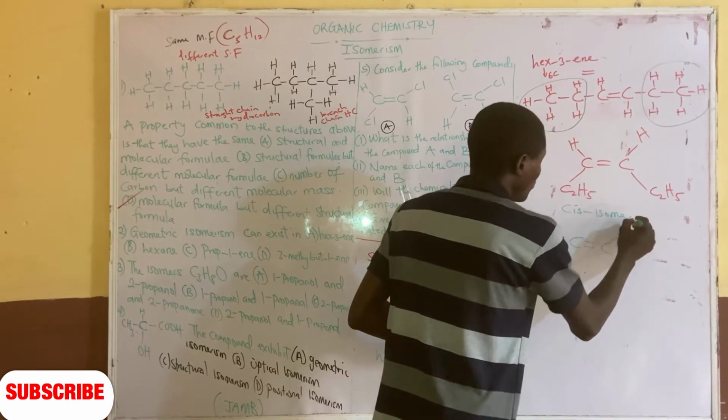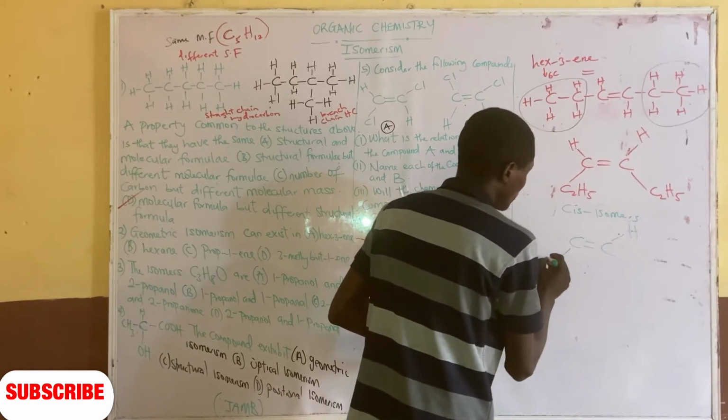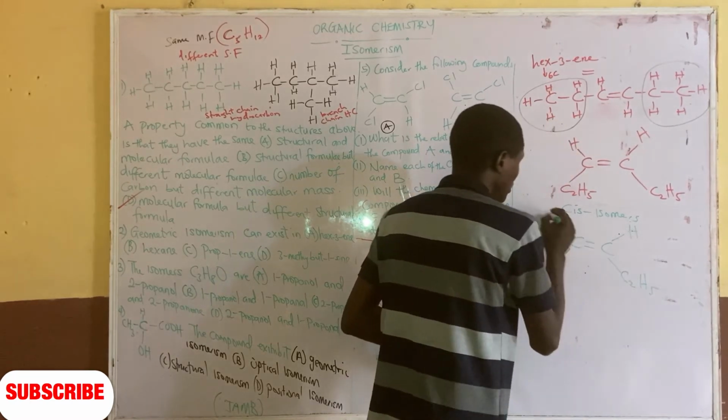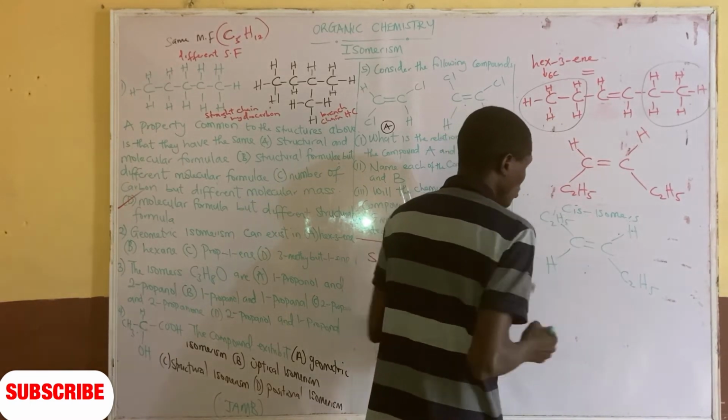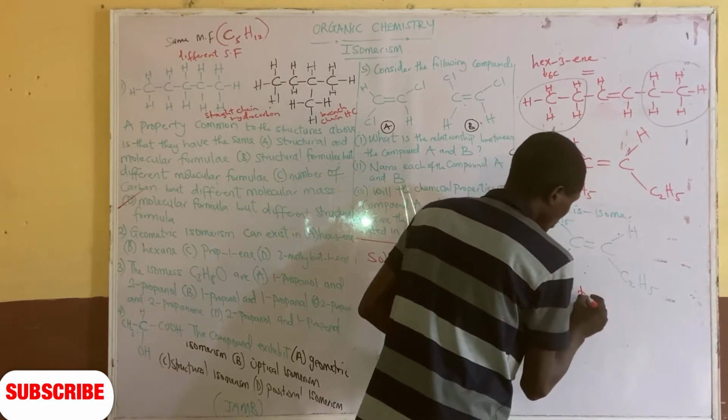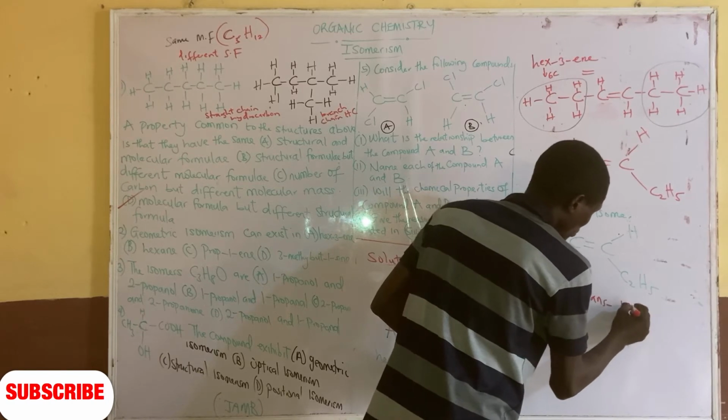You can put H here, H here, put C2H5 here, and put C2H5 here. This one will be the trans isomer.